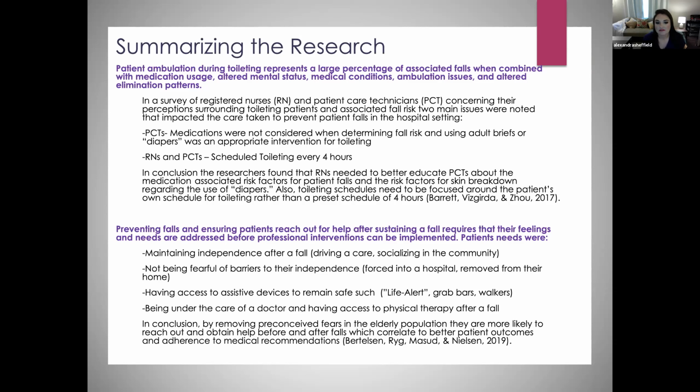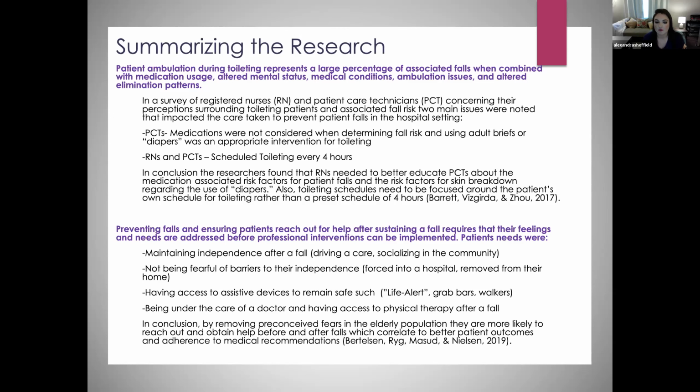Having access to assistive devices to remain safe, such as Life Alert. So it's like the electronic communication devices, grab bars around the home, and assistive devices to walk with, like walkers and things like that.